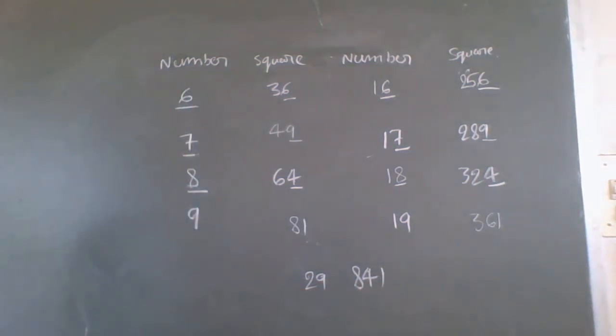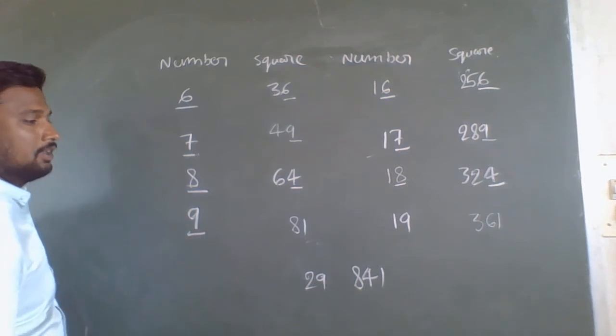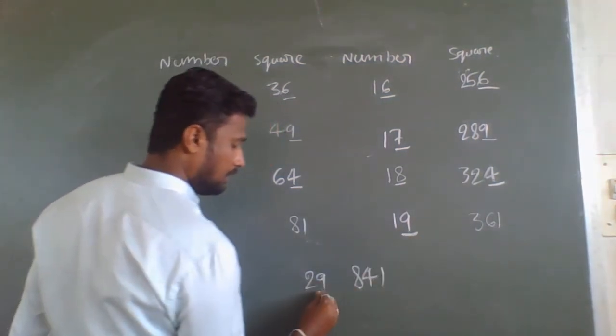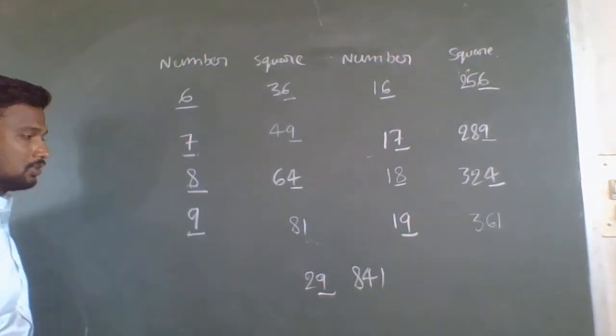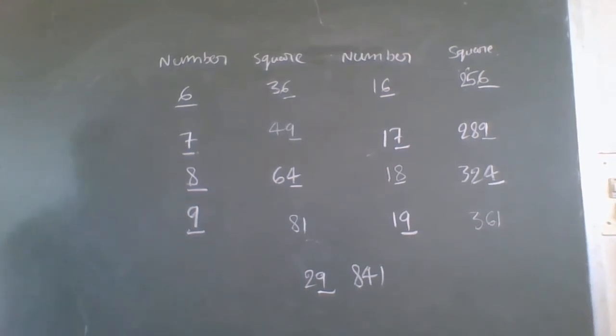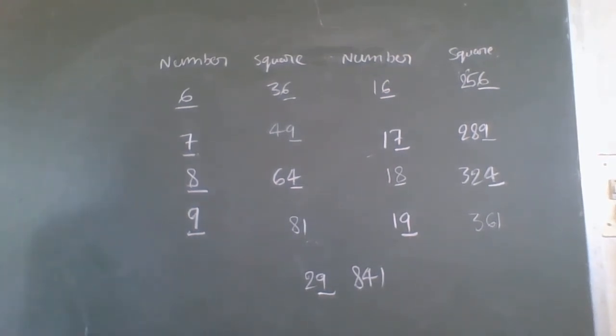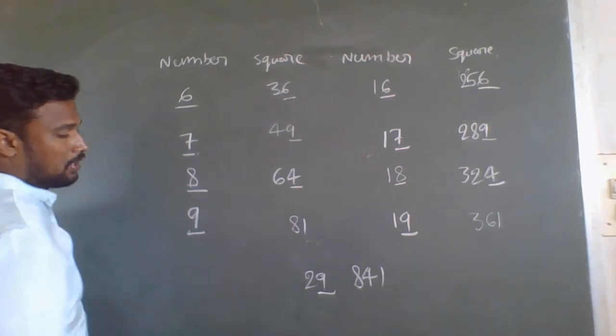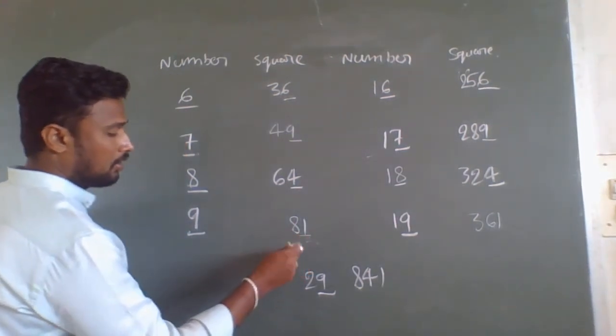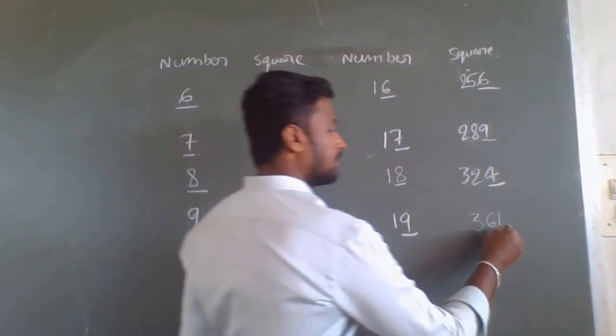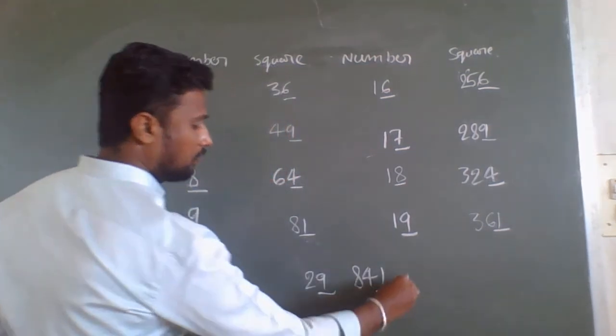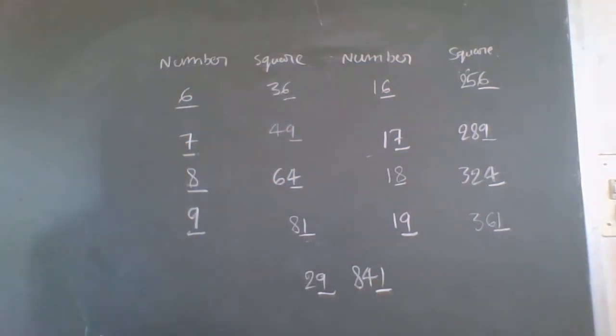So now when 9 is there at the unit place, here 9 is there at the unit place in all numbers. So when 9 is there at the unit place, always the square number ends with 1. Here 81, 361, 841. Always the square number ends with 1.